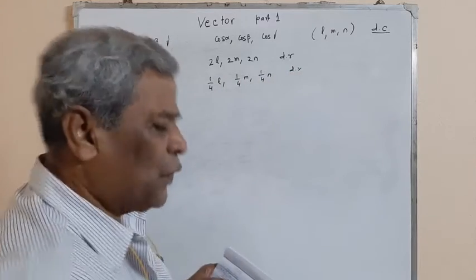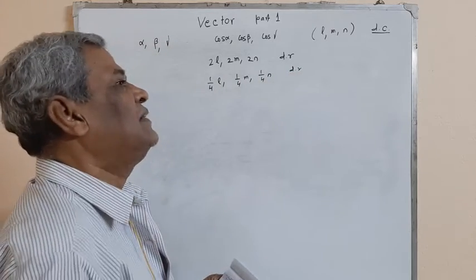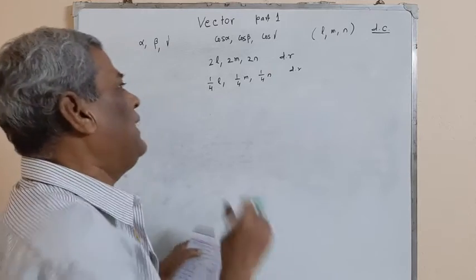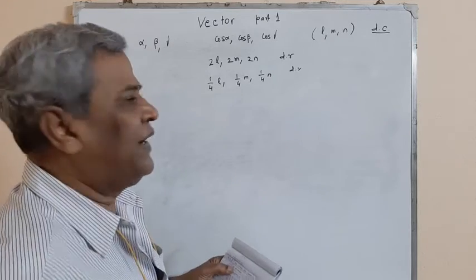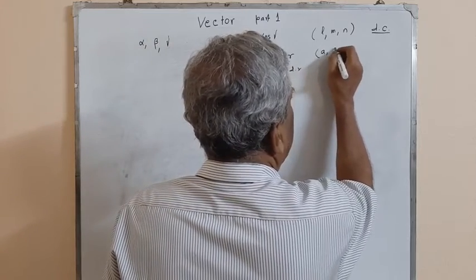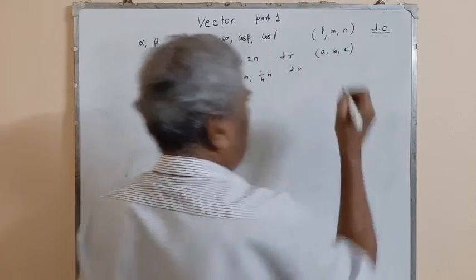So corresponding to a particular direction cosine of a vector, there are infinitely many direction ratios. Direction ratios are normally denoted by A, B, C.